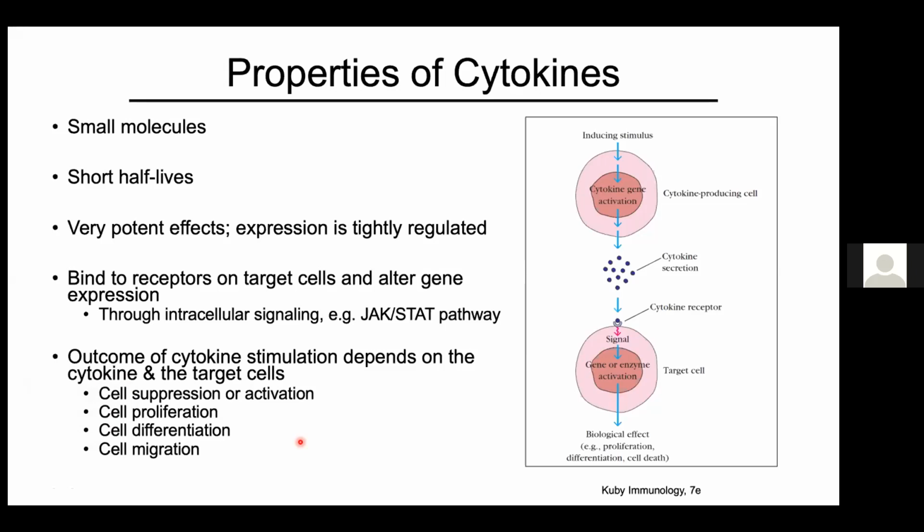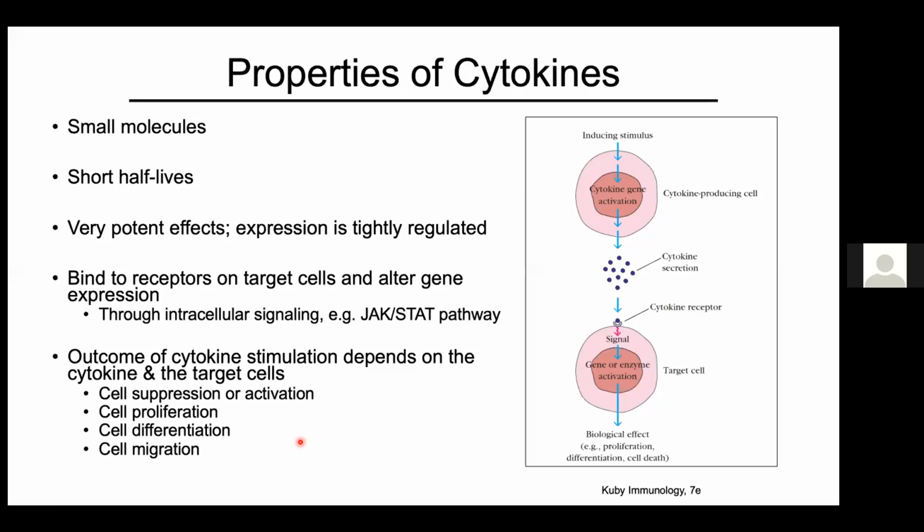But despite the small size and their short half-lives, they're very potent, okay? And case in point, the cytokine storm: just a small amount of these molecules causes very potent effects. And because of that, the expression is tightly regulated, okay? So that is both the secretion and also the different receptors that they act on are very tightly regulated so that we don't get very severe effects of these cytokines.